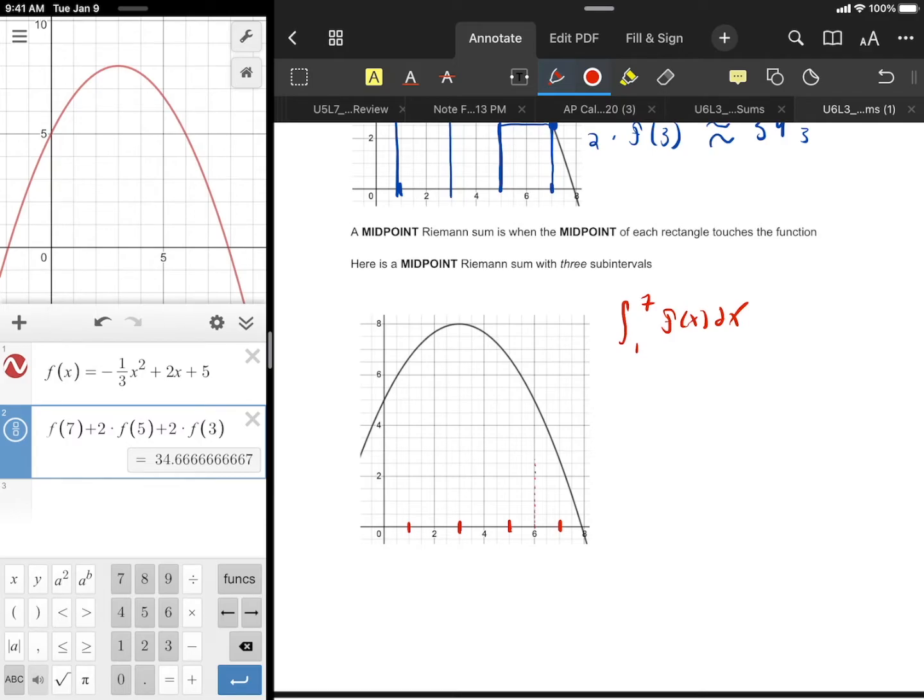I want the midpoint of each rectangle to be the height. And so I draw a rectangle such that the midpoint now touches my function. The midpoint between 3 and 5, the midpoint now touches my function.